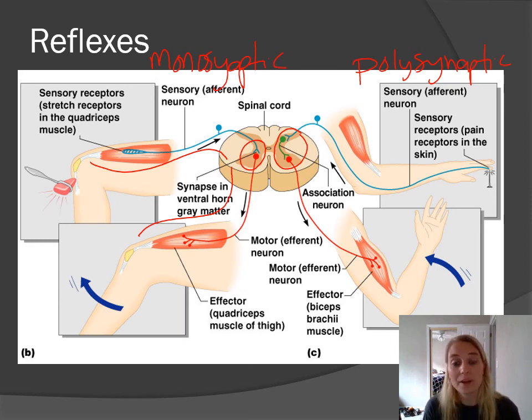But if you have 2 or more synapses in a reflex arc, you have a polysynaptic reflex. This brings a little more complexity to the circuit, but it's still automatic, happening without conscious processing. In this case, it's pulling away from the pain. This is called a withdrawal reflex, and withdrawal reflexes are a little more complex because of that interneuron that gives it the polysynaptic classification.